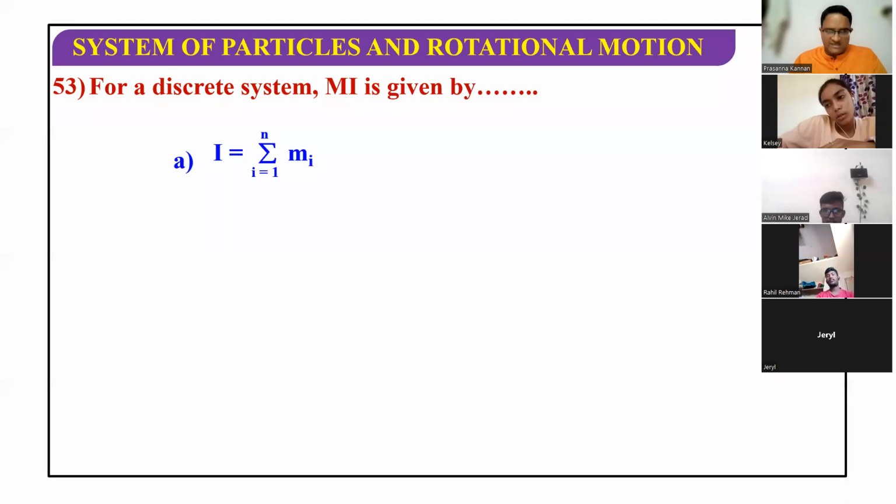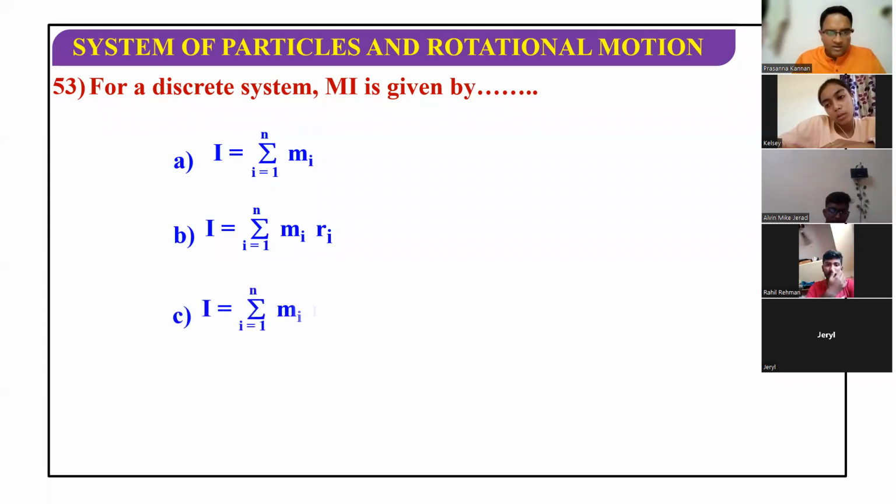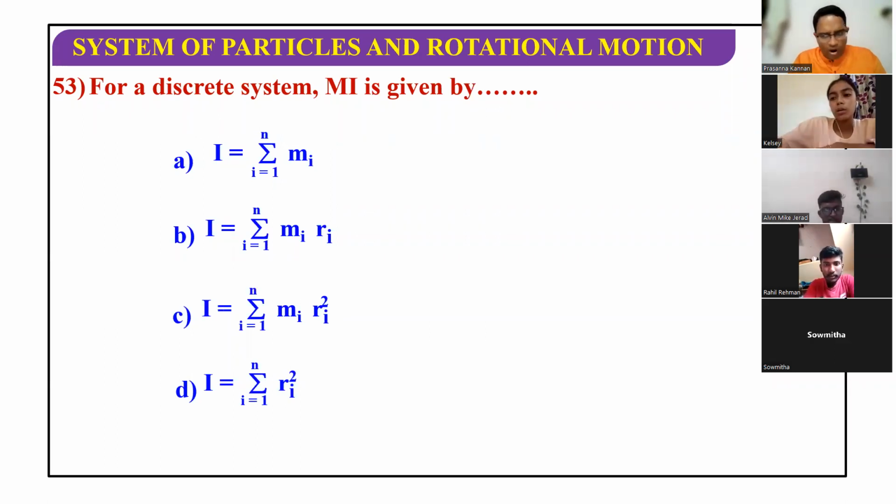Okay, for a discrete system, there are a countable number of masses in the system. The sigma represents summation. So which of the following is correct? Option C, absolutely. If you have three masses, M1, M2, M3, at distances R1, R2, R3 from the axis of rotation, then it will be M1 R1 square plus M2 R2 square plus M3 R3 square.